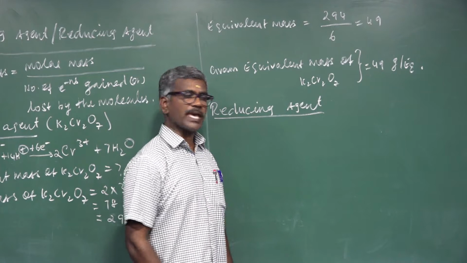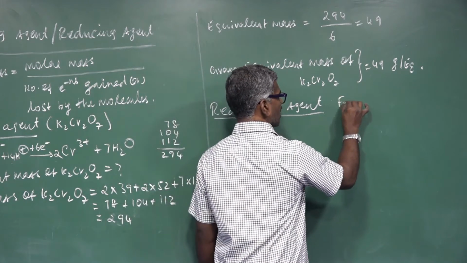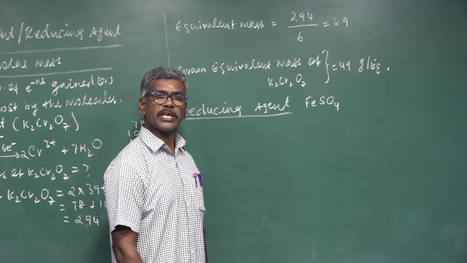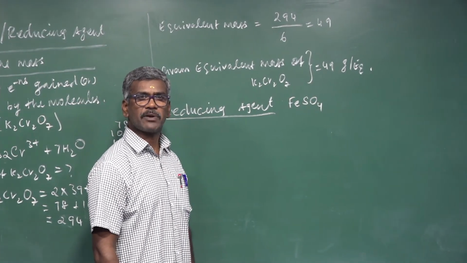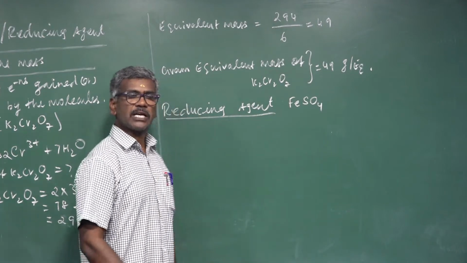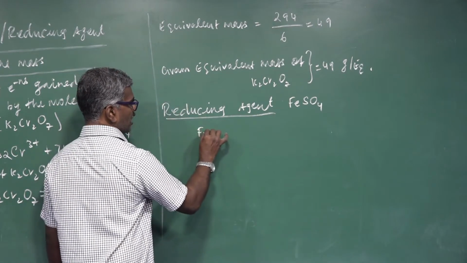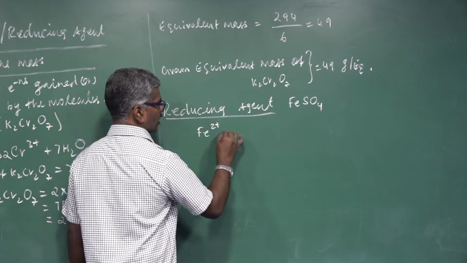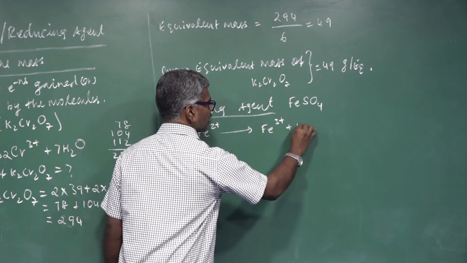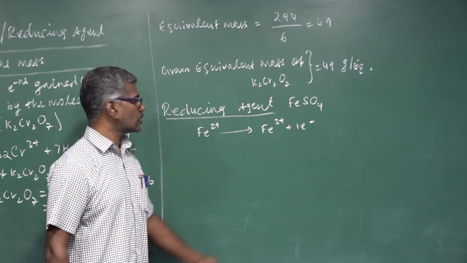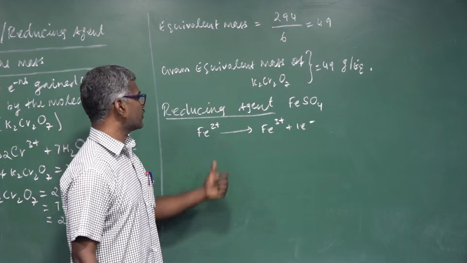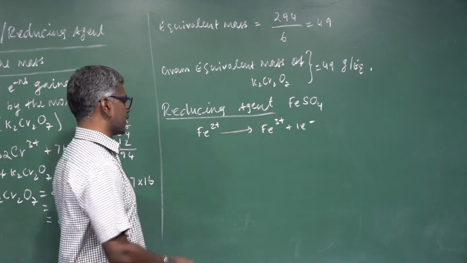Reducing agent best example FeSO4. That is ferrous sulfate, sodium thiosulfate. These are examples for reducing agent. What is the valency of iron? Iron valency 2. So Fe2+. Fe2+ is converted into Fe3+. How many electrons lost? Only one electron lost. So first find out molar mass of ferrous sulfate.